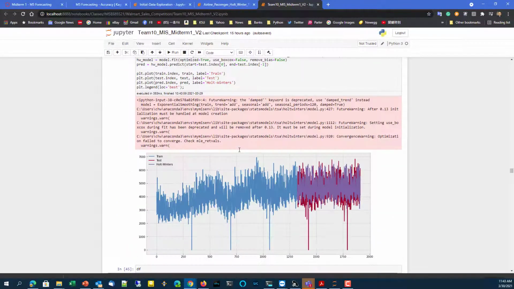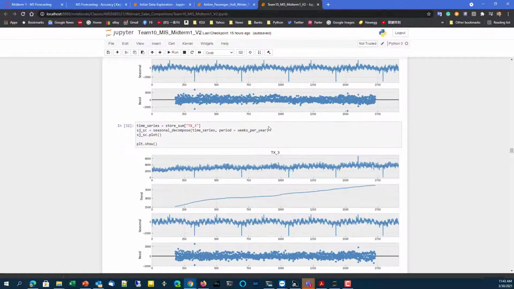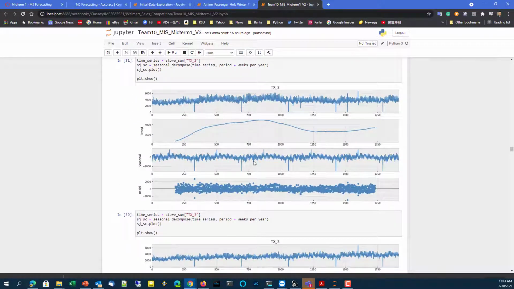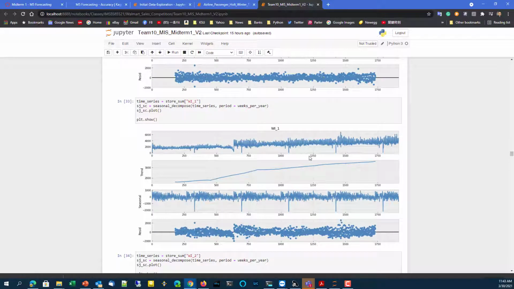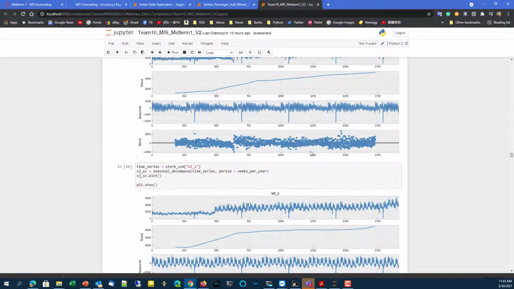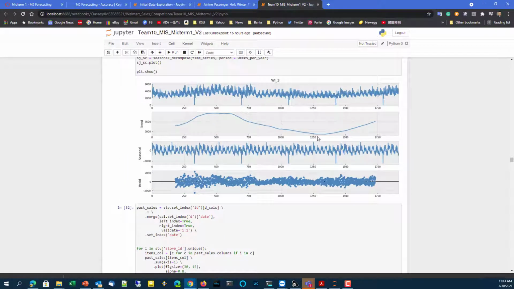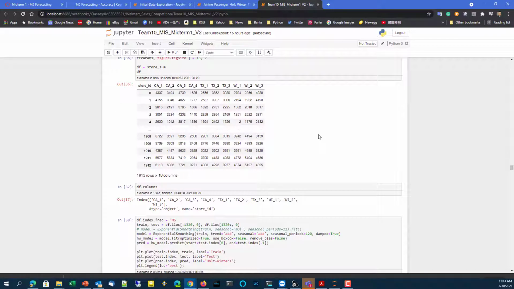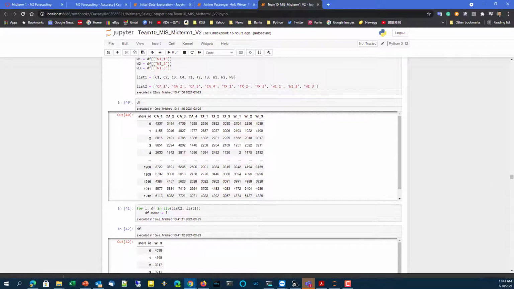Oh, okay. Here you can see that for different stores, they have very different seasonal and trend patterns. I think you start with 7 days, and you can do 30 days. You can do 365 days. I tried it, all worked.